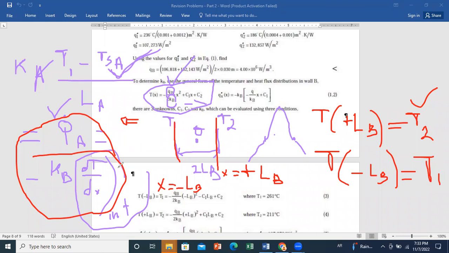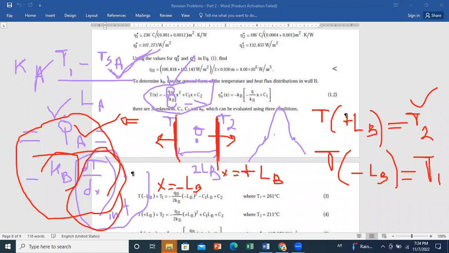So now all I need to do, I know Q dot A. I calculated it from the thermal circuit of resistances. I just need to compute dT by dx as a function of KB, and I should evaluate it at interface 1 if I'm working with material A, and I can do the same work between B and C. So if I work with the second interface, I say that Q dot B per unit area is equal to minus KB times dT by dx, but now at x equal to plus LB.